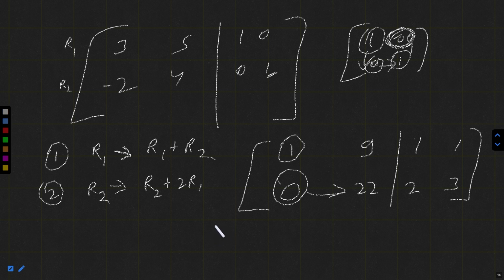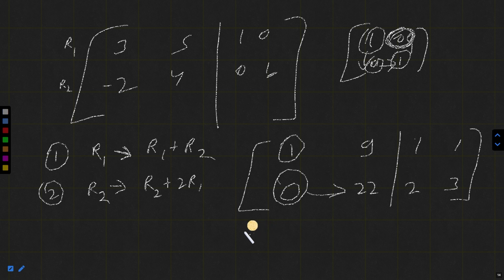How? If you try to see what is happening, if you want 1 here, this is 18, 9, 9. Yes, this is 9 times 5 is 45, and 22 multiplied by 2 gives 44. So this difference will get you 1.